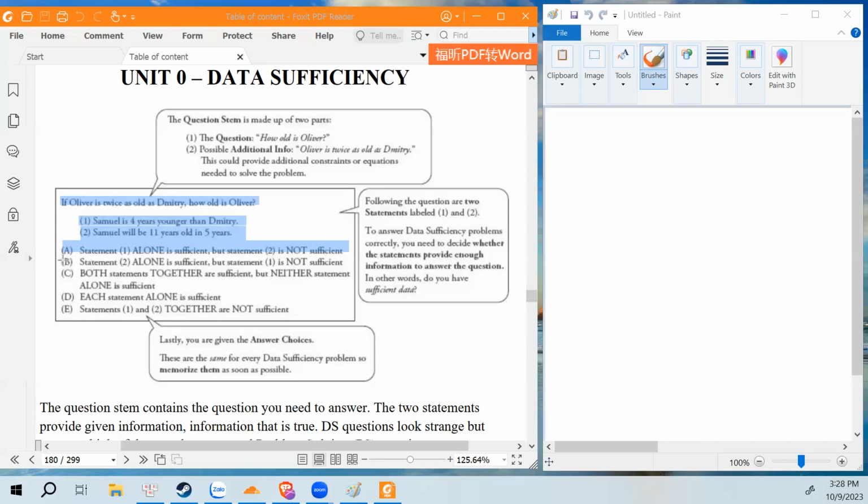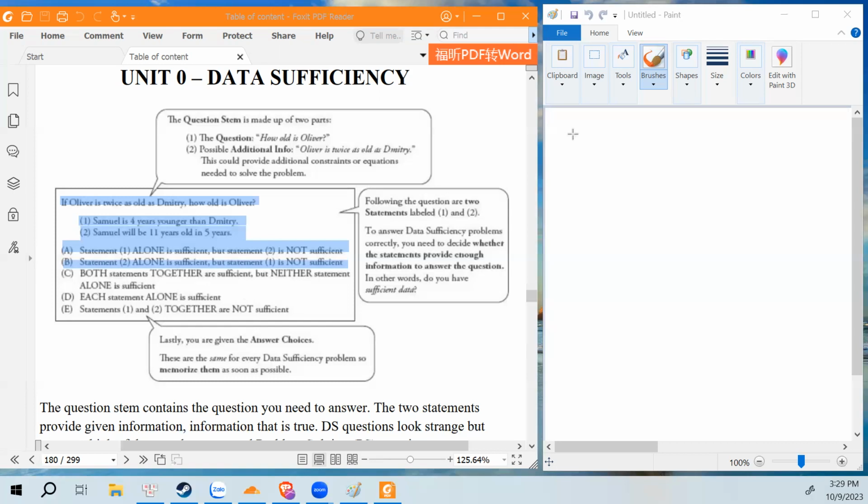So that would be answer choice B. And similarly for answer choices C, D, and E, we select scenarios where we evaluate the sufficiency of these two statements. As you can see, to answer these questions, we might not need to go all the way to find Oliver's age. We only need to know what we need to do to find Oliver's age, and whether we have the necessary input to get to that answer.